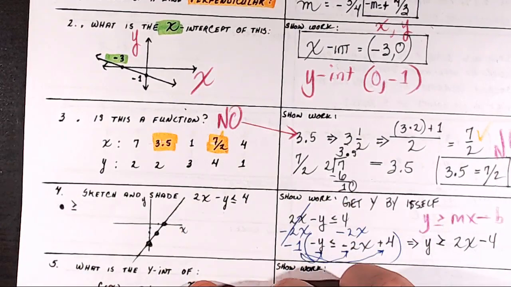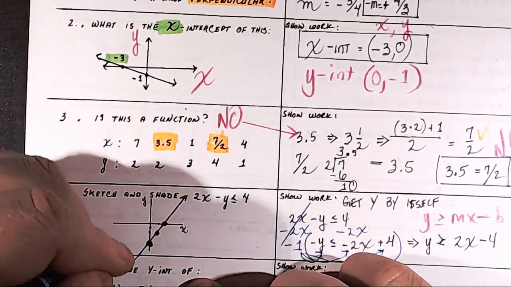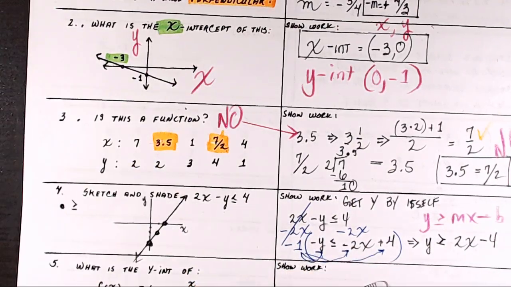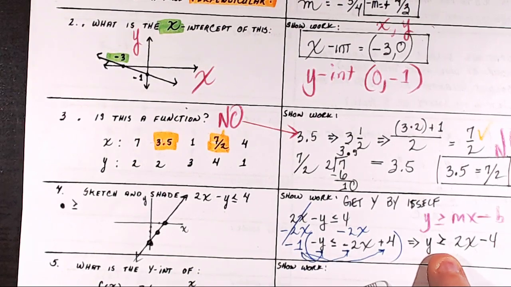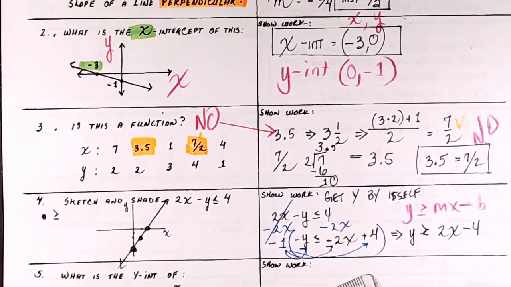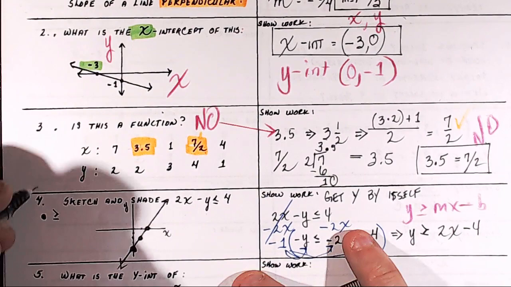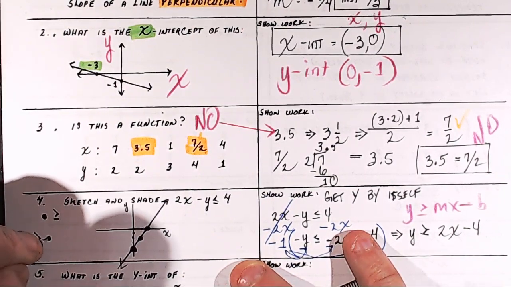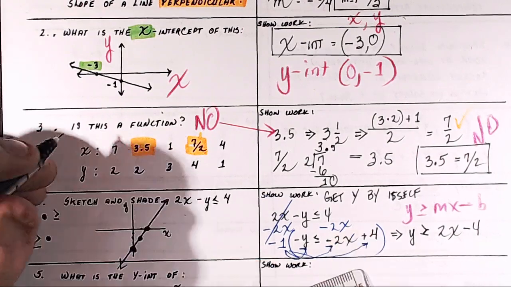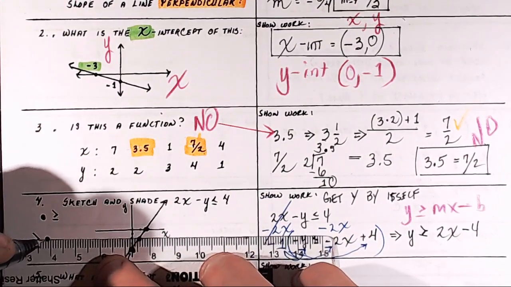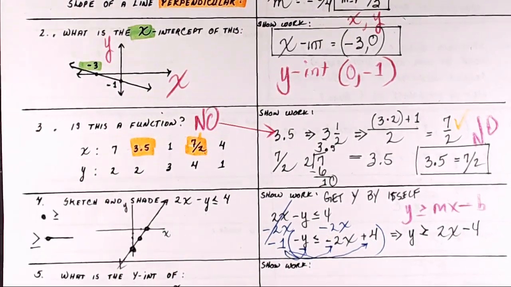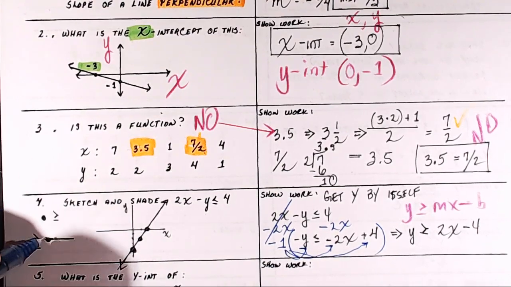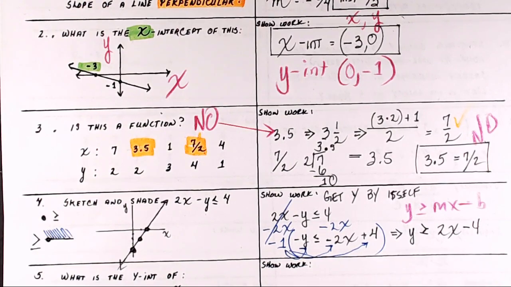I'm going to draw a solid line because this is greater than or equal to. Now because it's greater than or equal to, I'm going to shade above the line. So when you see greater than or equal to, you're going to be doing filled in dots, solid lines, and the shading is going to be above the line.